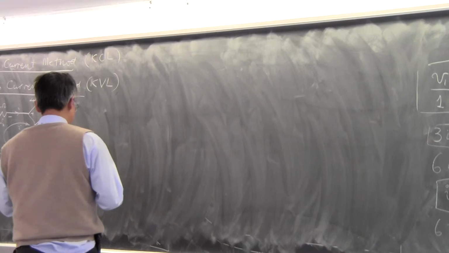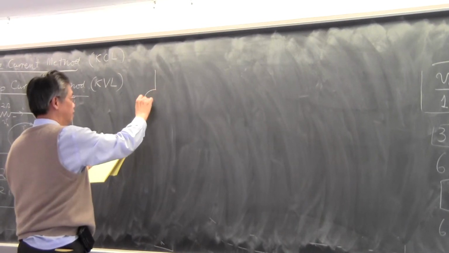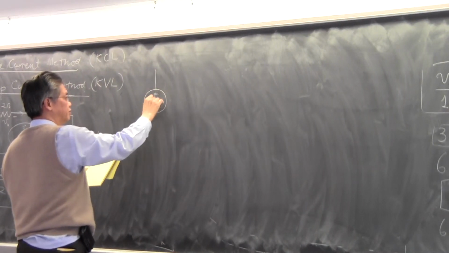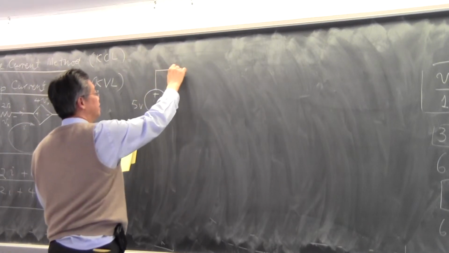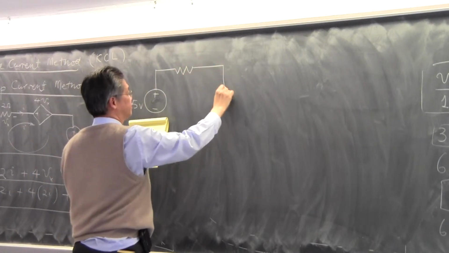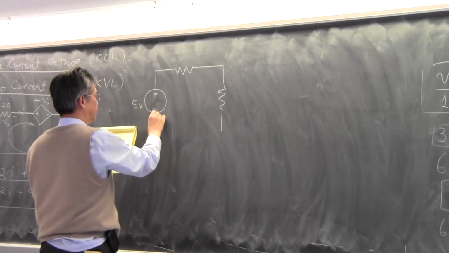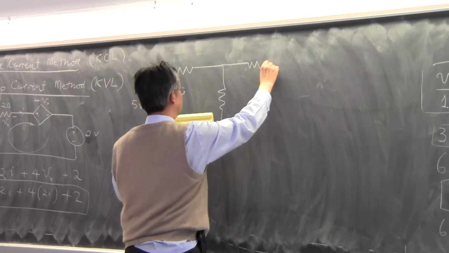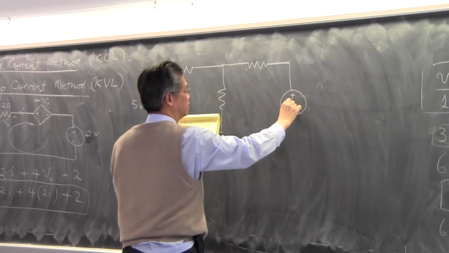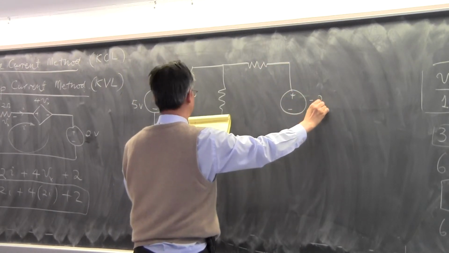So, a slightly more complicated example. I have an independent voltage source, a resistor here, and then minus 2 volts.